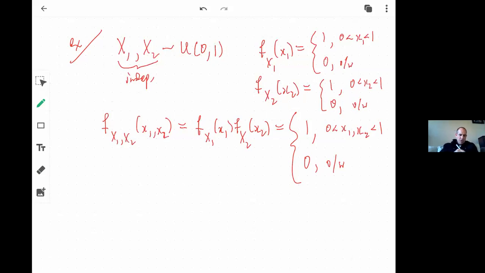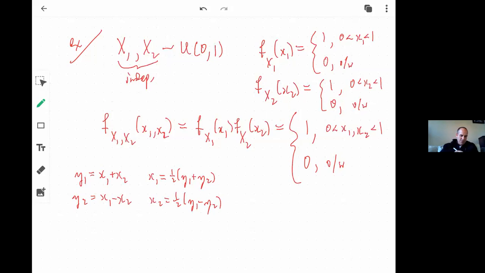But again, if we do this transformation, if we take y1 to be the sum, and we take y2 to be the difference, then we know that we get x1 is 1/2 (y1 plus y2), and we get x2 is 1/2 (y1 minus y2).